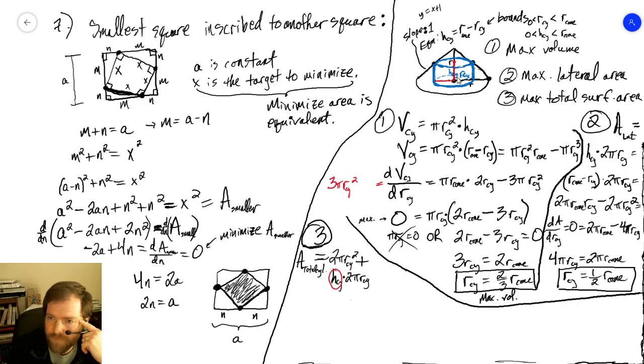So the problem is that when you plug this equation into any one of these pieces, it doesn't matter which one you do, the 2 pi r squared part cancels out, and then you're just left with the 2 pi r cylinder r cone, which when you derive it is just 2 pi times the r of the cone equals 0.